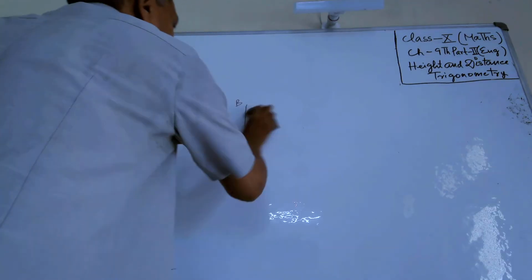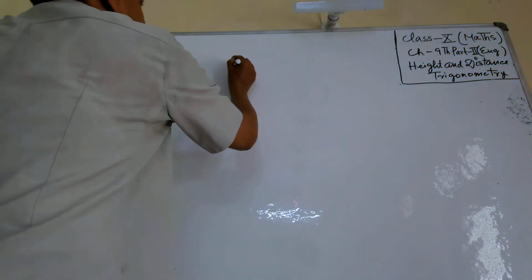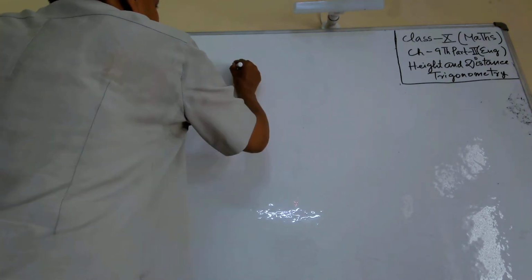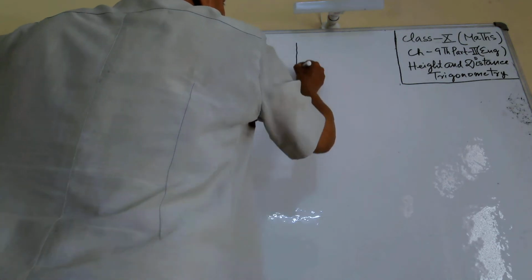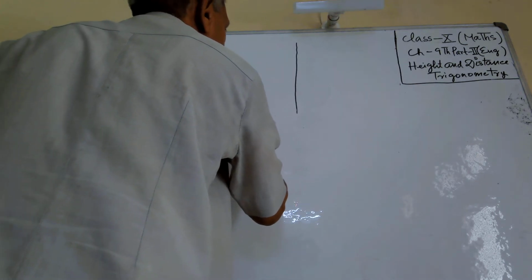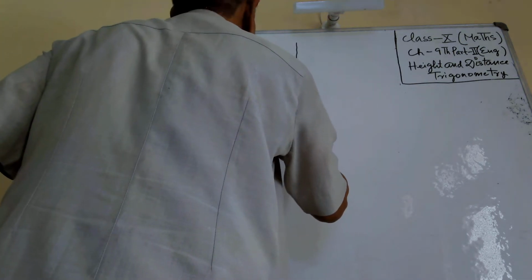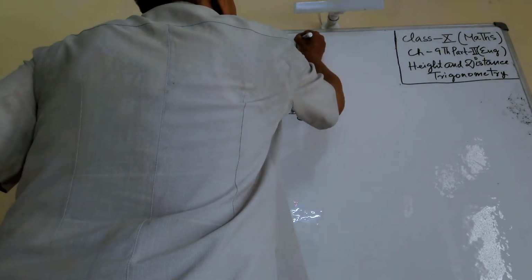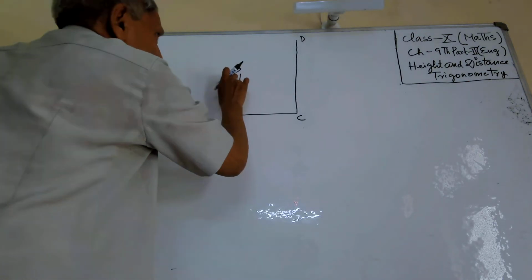Now I am taking another pen. This is the tower. Tower is CD. A man is sitting on the B.